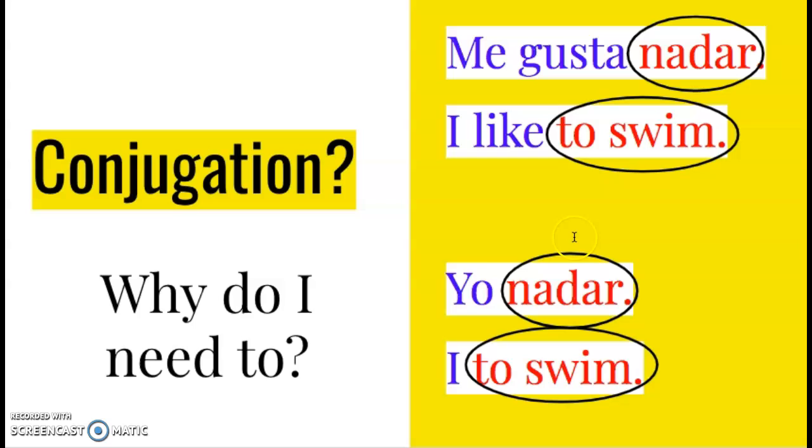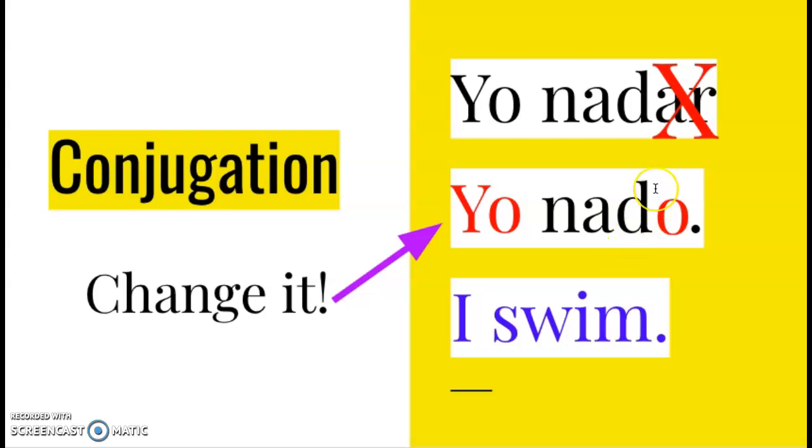So most of us would think, oh, I can just say yo nadar, I swim, right? But nadar means to swim. So if you say that, what you're really telling someone is I too swim. So we need to do something to this verb first before I can make that sentence work. So this is what we do in Español.